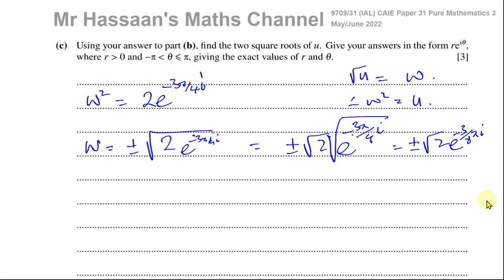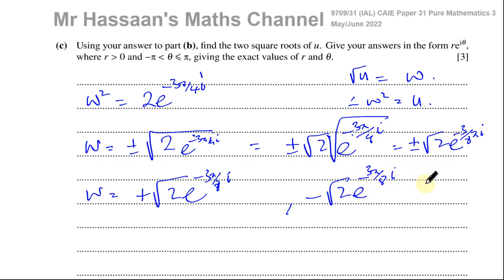Okay, so we can say that w is positive root 2 e to the power of minus 3 pi over 8 i, or it's equal to minus root 2 e to the power of minus 3 pi over 8 i.